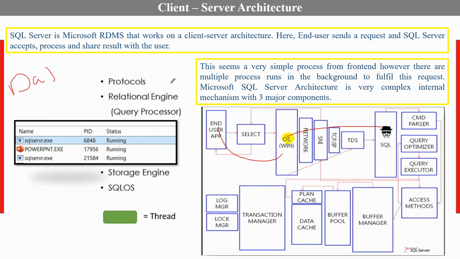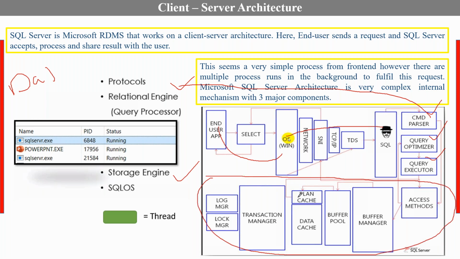One is the relational engine, one is the storage engine. In the relational engine you will see the command parser, query optimizer, and query executor. These three components belong to the relational engine. The other components belong to the storage engine, sir.